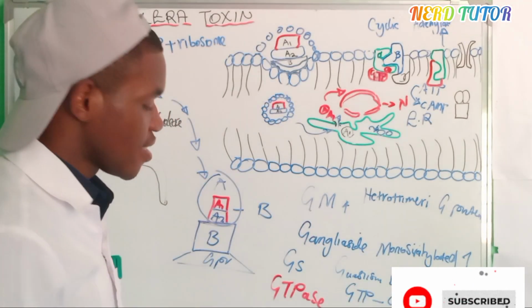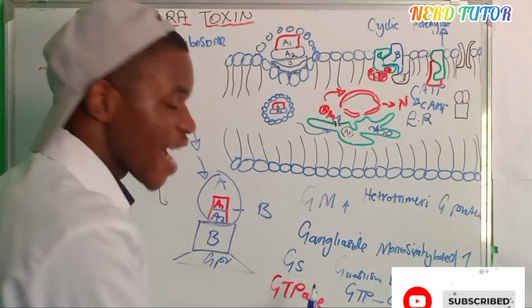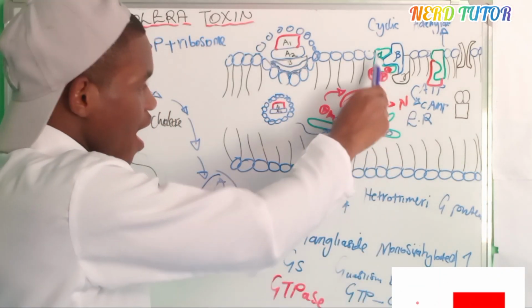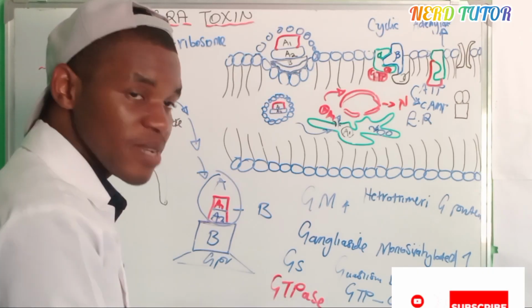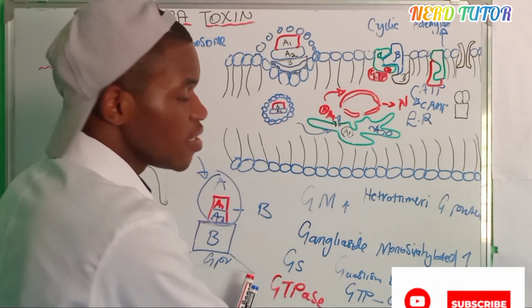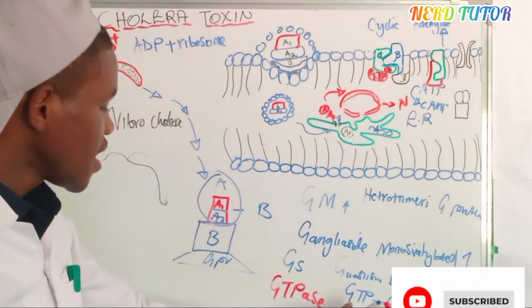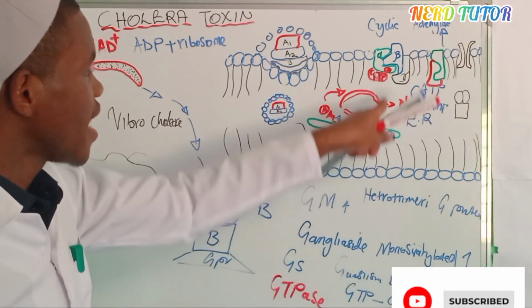So this is what is meant by GTPase activity. The alpha has got the GTPase activity. What GTPase activity means is the alpha is able to hydrolyze the GTP to GDP. In short, when this GTP has been hydrolyzed to GDP, it means this guy is what?